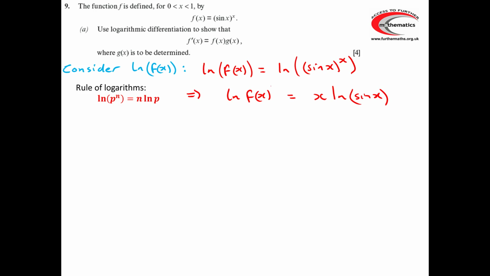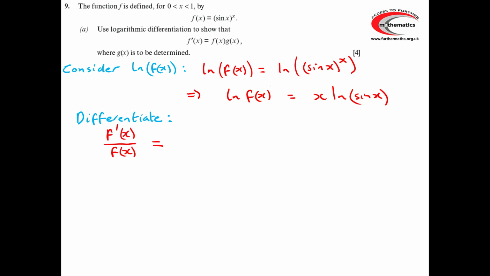Now, we can actually differentiate the left-hand side and the right-hand side. If we differentiate the left-hand side, we're differentiating the logarithm of a function, so we just obtain the derivative of the function divided by the original function.